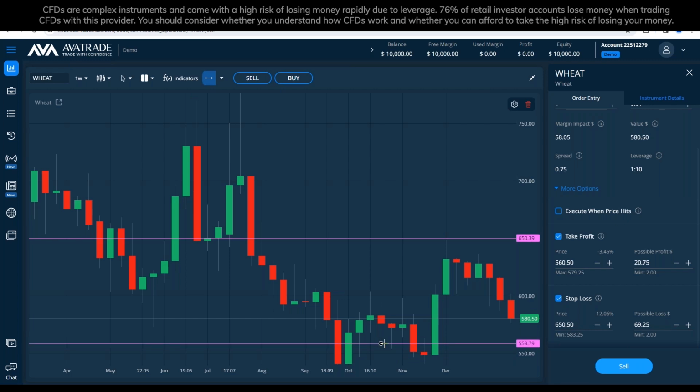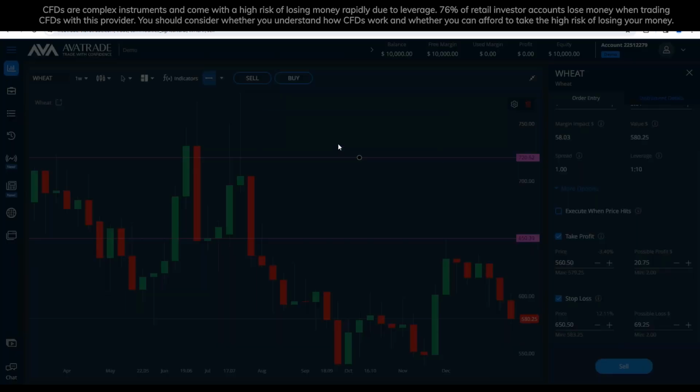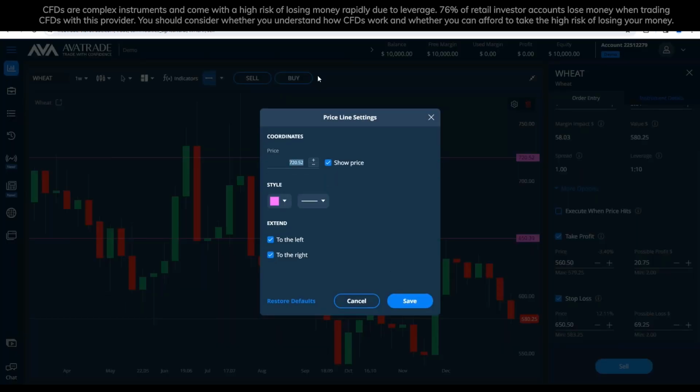It doesn't let me land it on 560, so I'm just gonna place it here. It doesn't really make any difference. I'm gonna click it and simply change it manually here.